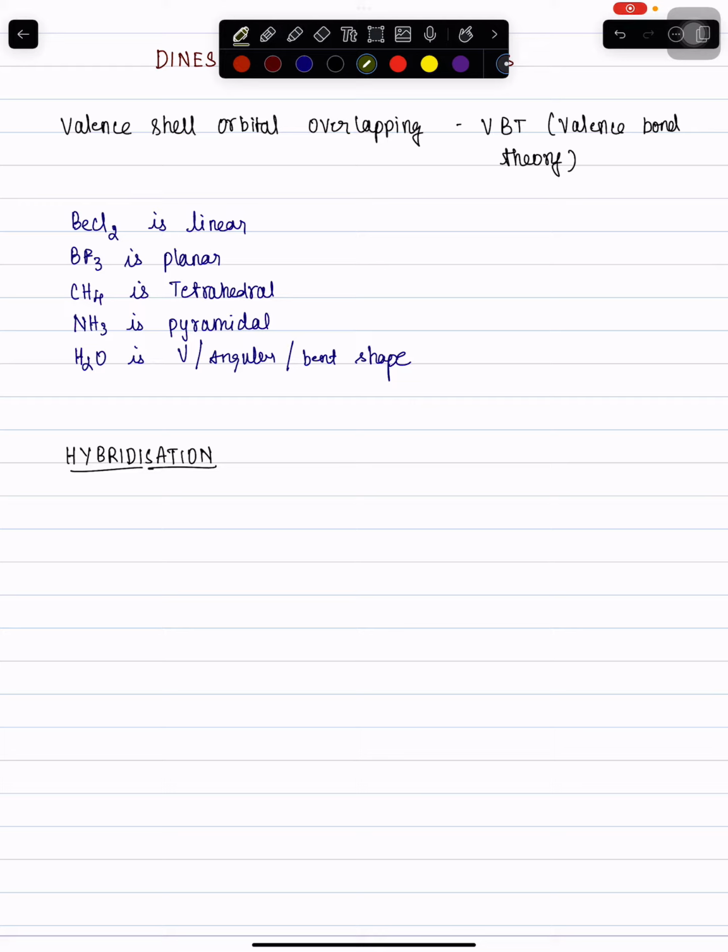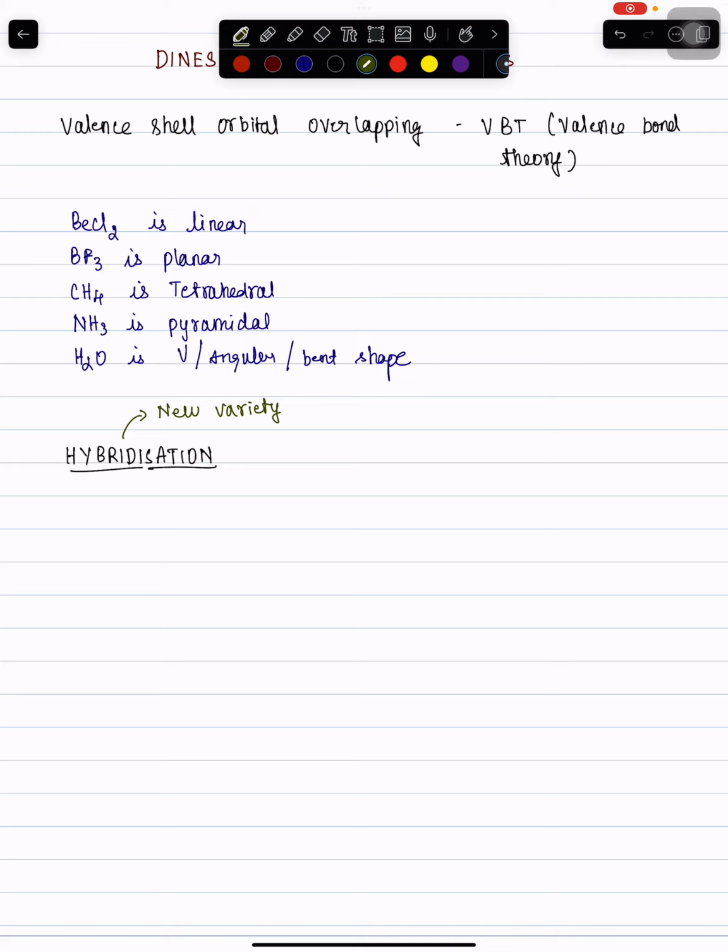We know hybrid; the meaning of hybrid is a new variety. So whenever atomic orbitals mix together to form new orbitals, those are called hybrid orbitals. We call them molecular orbitals also.